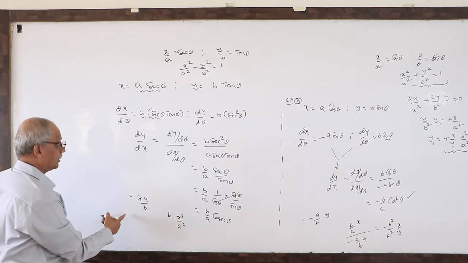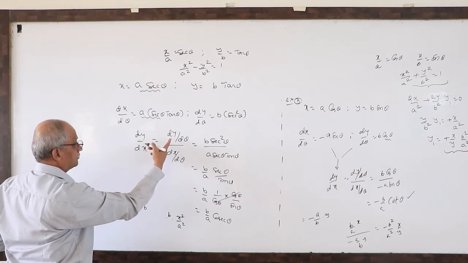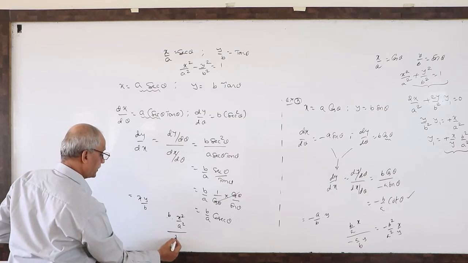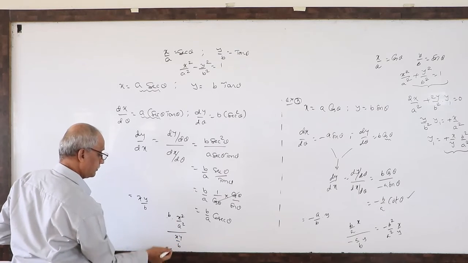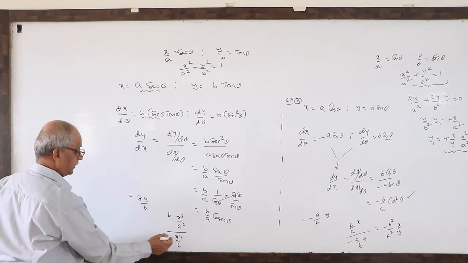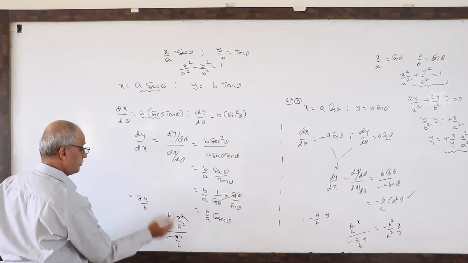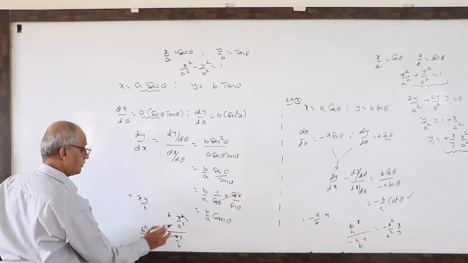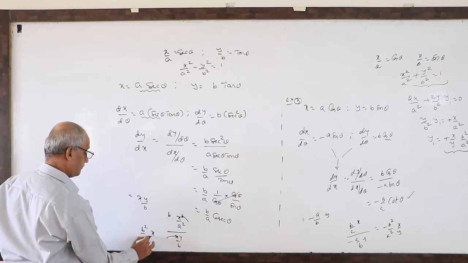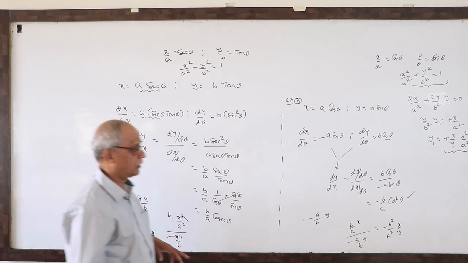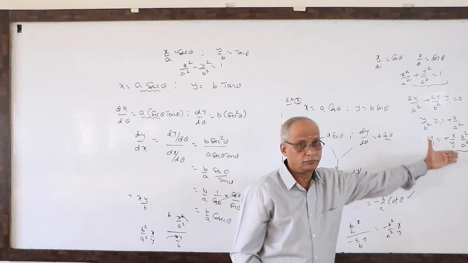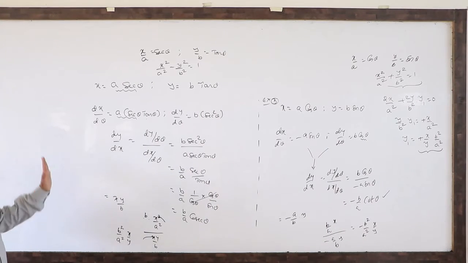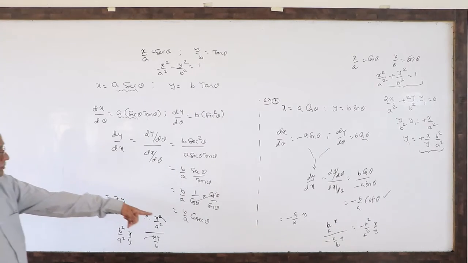Now substitute here dy by d theta first. This one by x, y by b. One x cancels, b square by a square, x by y. I told you positive sign. So this is called the derivative in terms of x and y. This is the derivative in terms of theta.